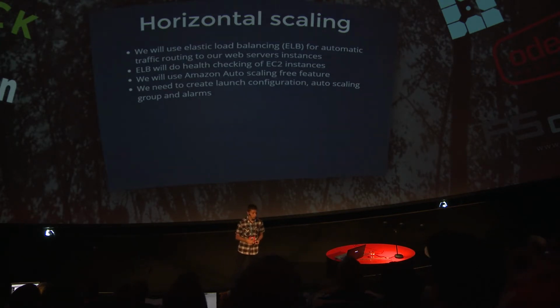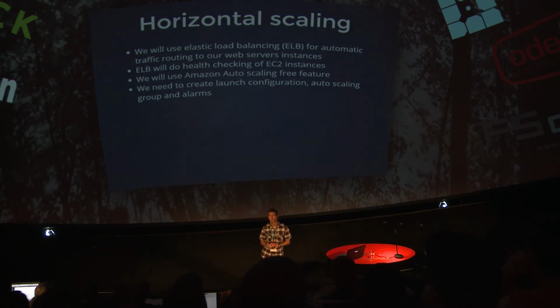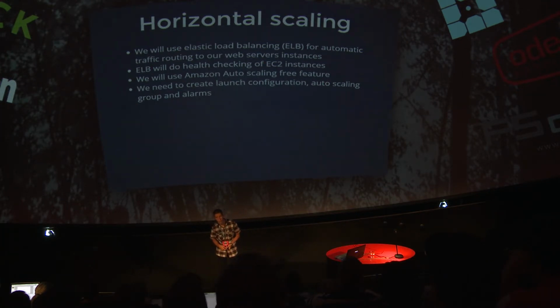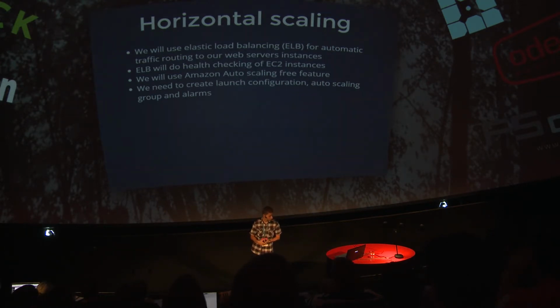Well, for horizontal scaling, we'll be using Auto Scaling, which is a free service of Amazon. And the first thing that will route our traffic is ELB. We will configure ELB to do health checking of our backend instances.